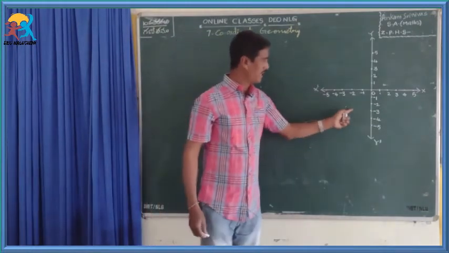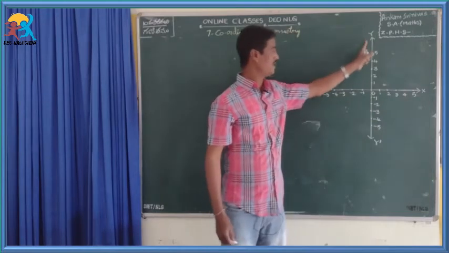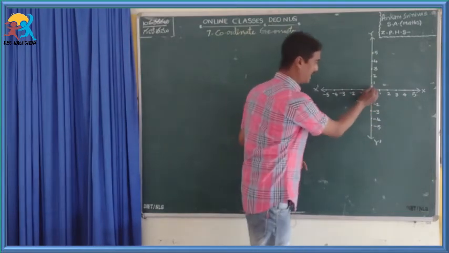In the Cartesian plane, this is the x-axis and this is the y-axis. The angle between the two axes is 90 degrees.